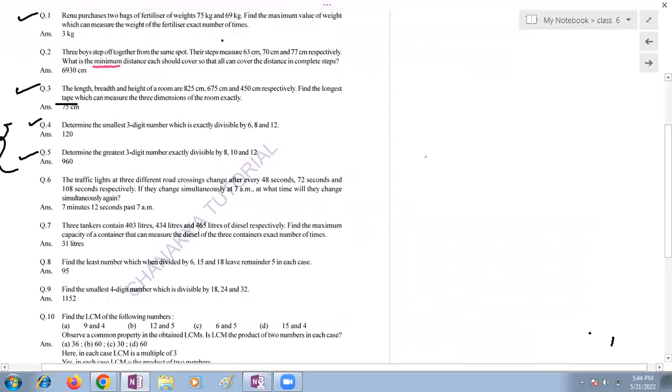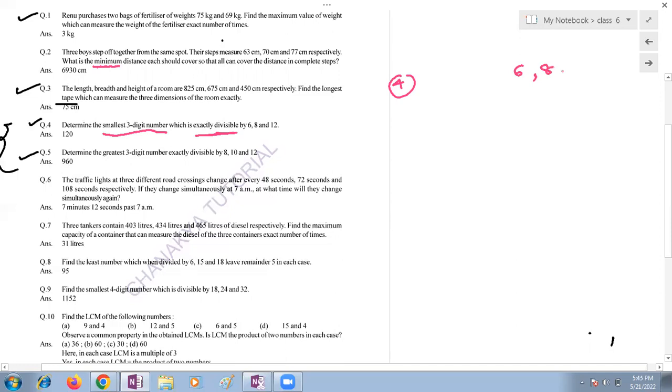Ma'am, how many questions did you make? See, 4th question. Determine the smallest 3-digit number which is exactly divisible by the common number. Ma'am, HCF, common factor. LCM, not HCF.